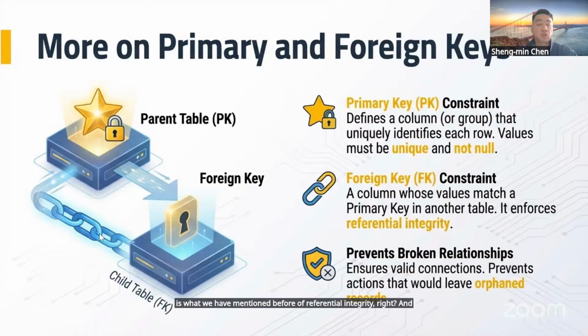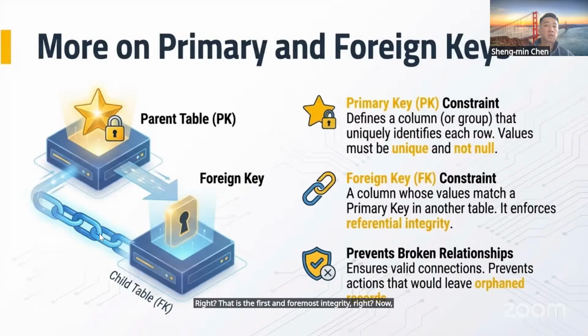And that referential integrity tells us that when you're inserting a new row that has a foreign key on it, that foreign key value must have already existed in your parent table, meaning that the primary key has to already exist, right? That is the first and foremost referential integrity, right?